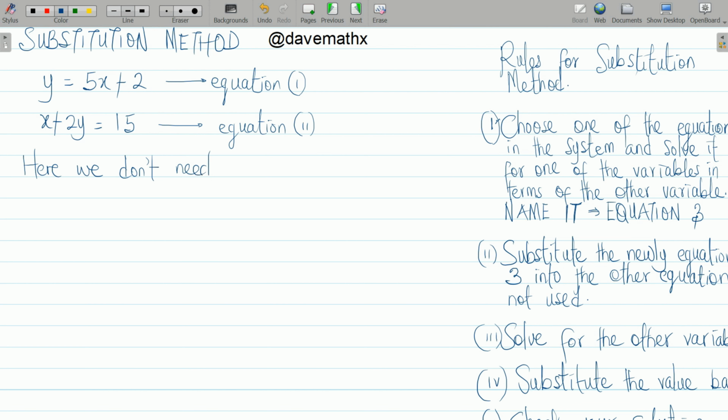In this question, we don't need to solve one equation for one variable because y is already in terms of one variable, so there's no need to do so.